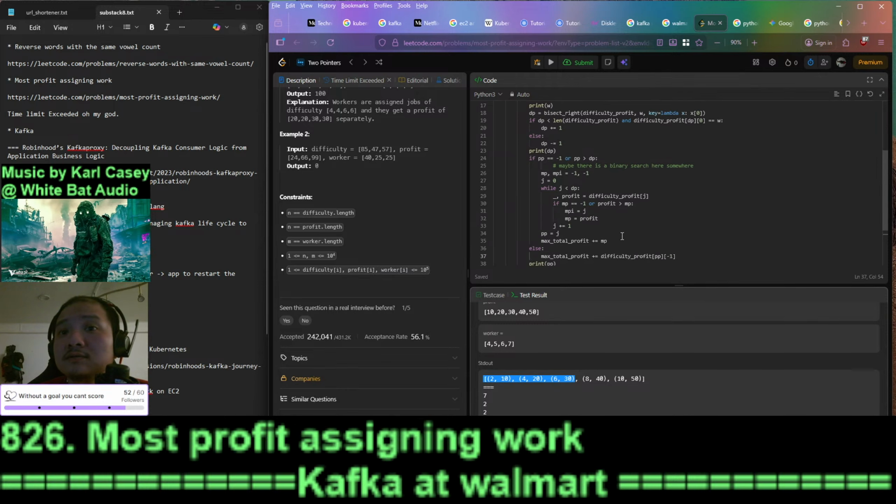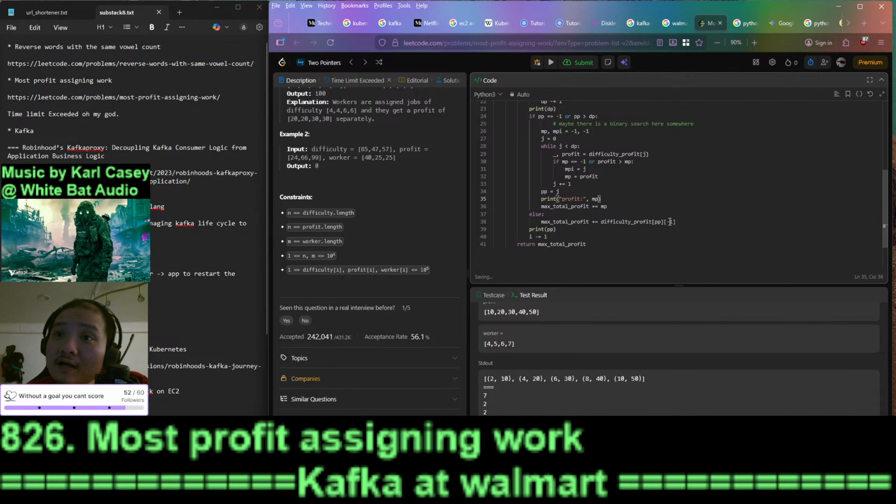Then we gotta print the profit. So profit is, other Y also want to print the profit here as well.